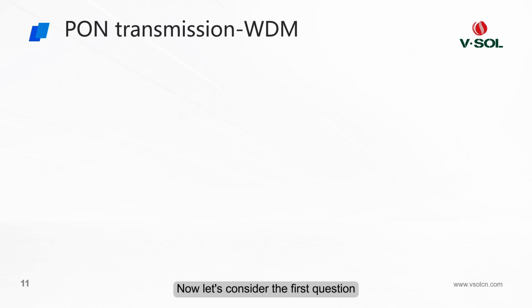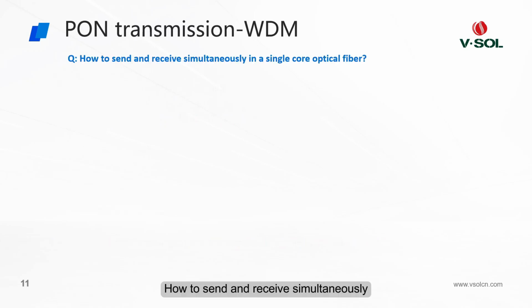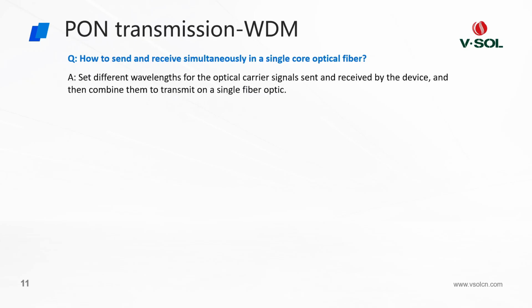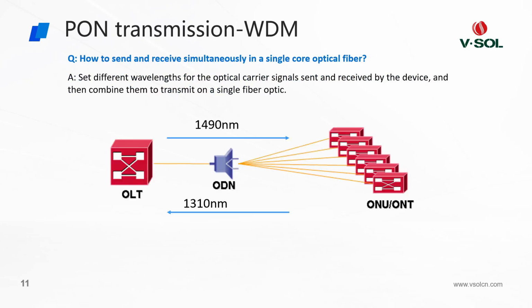Now, let's consider the first question. How to send and receive simultaneously in a single core optical fiber. The method is to set the optical carrier signal sent and received by the device to different wavelengths.